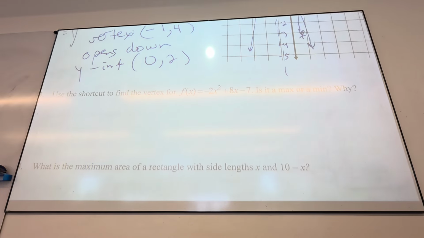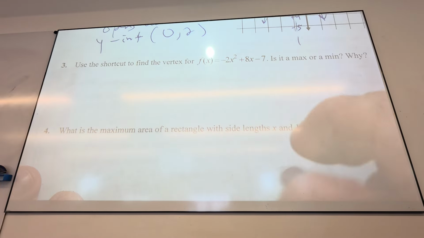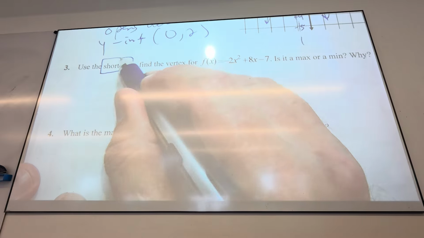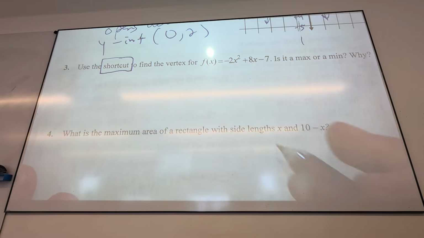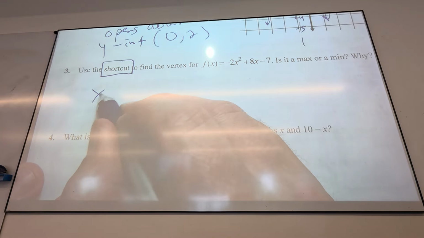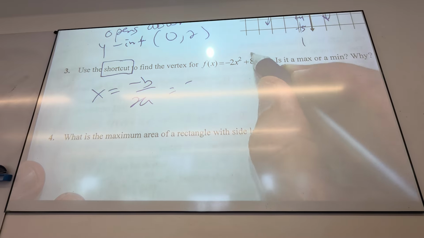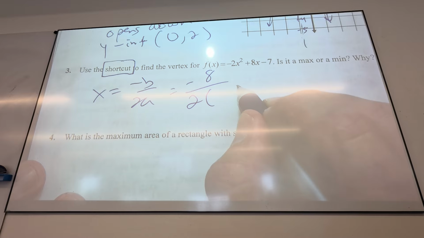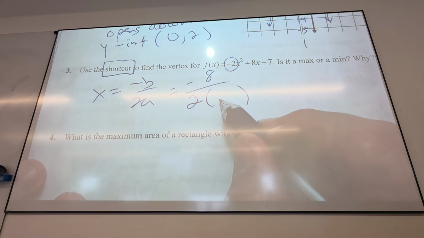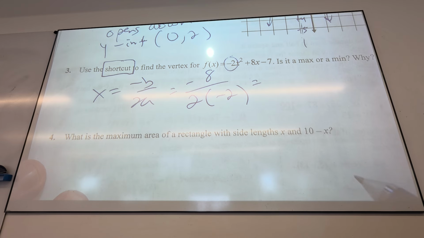What about number 3 here? So how does the shortcut work? Negative B over 2A. So what's B in this case? 8. And what's A? Negative 2. There are negative mistakes that are easy to make.